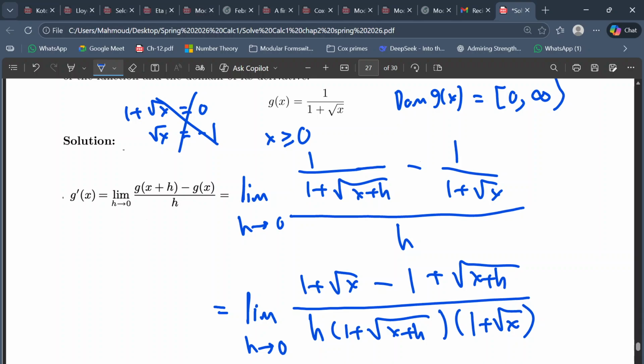But first, let me ask you something. Are you good with this? No, it's not good. I made a mistake here. We should put here what? Brackets, right? So when I forget the bracket, you need to tell me, right? But I didn't forget it. I did it deliberately.